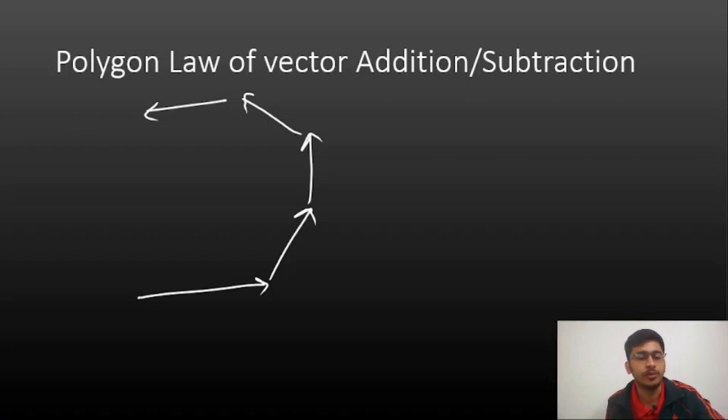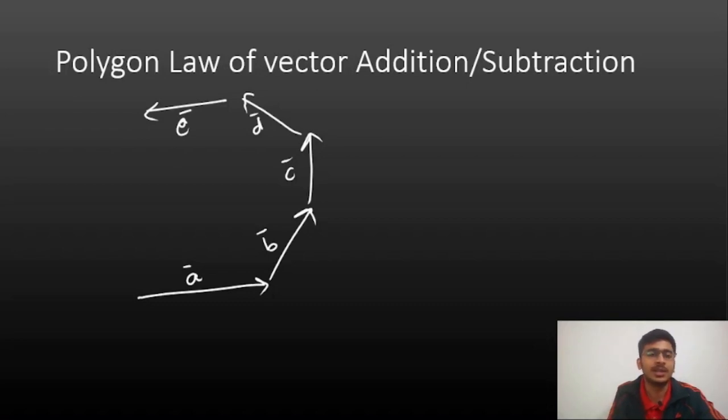Let's say I have a few vectors. Let's say this is A vector, this is B vector, this is C vector, this is D vector, this is E vector. So in this diagram, all these vectors are connected such that the tail of the next vector is joined to the head of the previous vector. And what will be the addition of all these vectors?